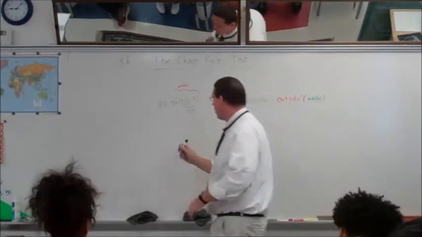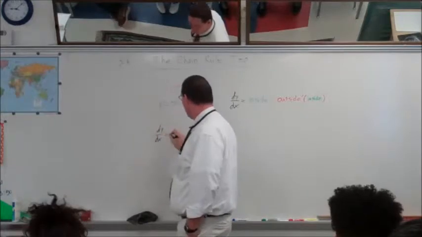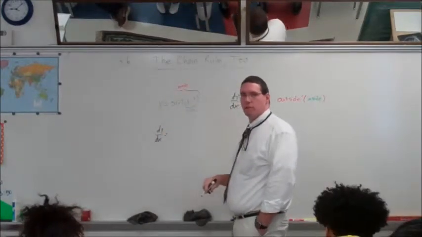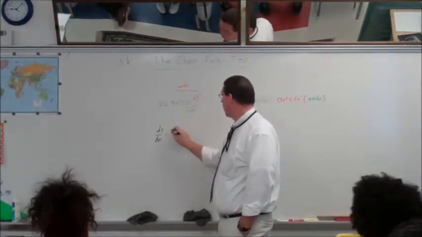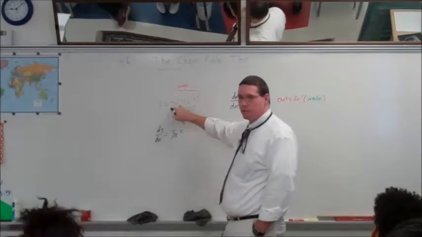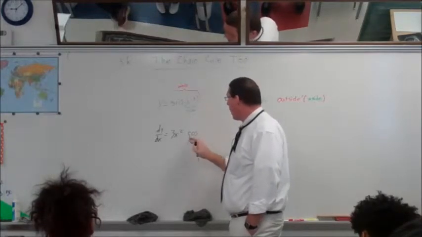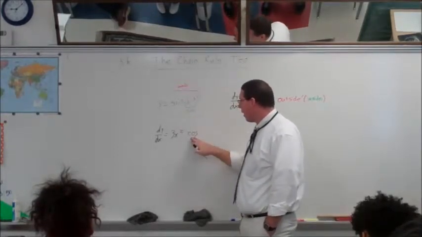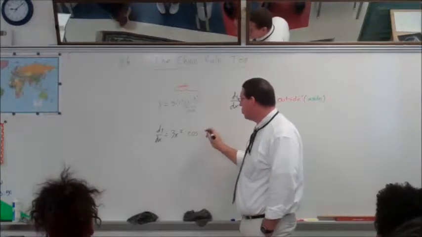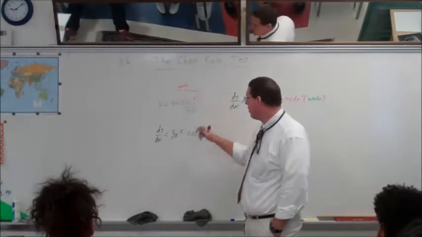So if we look at this one, if we want dy dx, what is the derivative of the inside function? Yeah, 3x squared. What's the derivative of the outside function? Cosine, right? And when you write the outside function, everywhere you have a parenthesis, you are going to leave the inside unchanged.